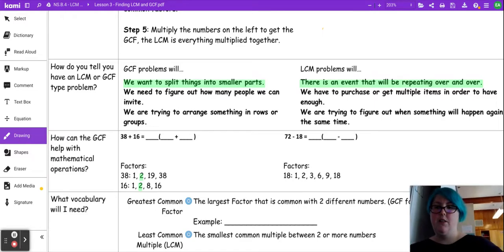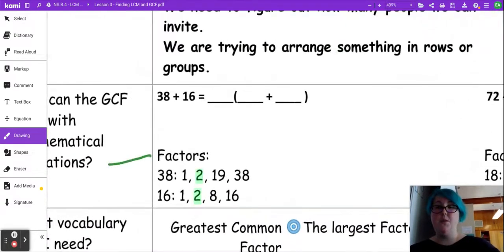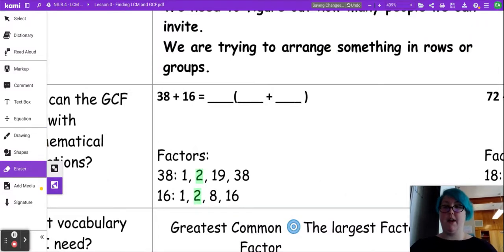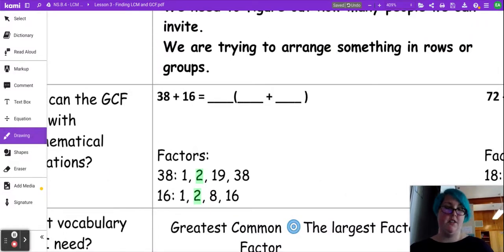All right, so how in the world can we use this in our math class? Great question. Glad you asked. Let's do it. So you'll see 38 plus 16. I'm not great at mental math. It's really tough for me. So LCM and GCF can help you break down the problems. So you'll see we've got our GCF, our factors. You'll notice that 2 is a factor of both 38 and 16. So I'm going to write 2 there.